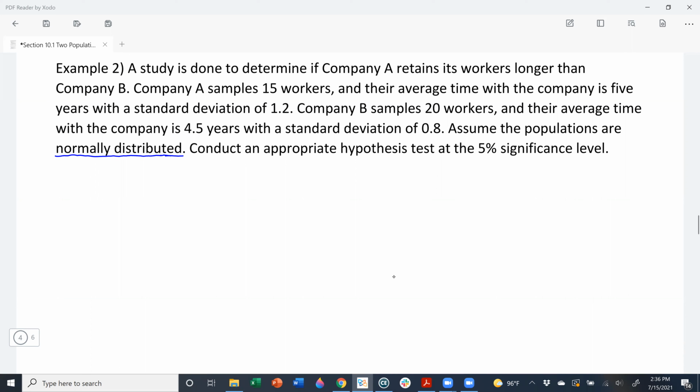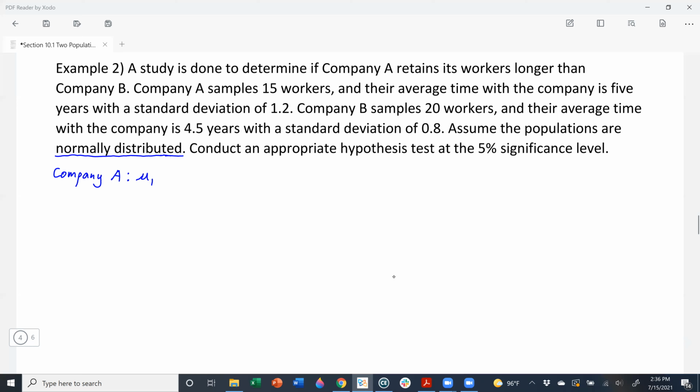I'm going to say company A is my sample number 1. I want to list all of the information about that sample. First, we're talking about population mean number 1.